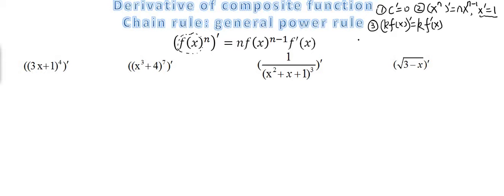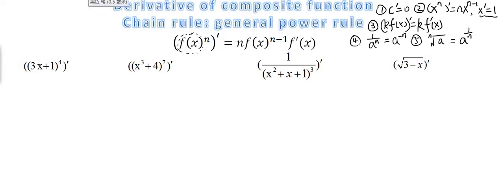And the fourth, if we have 1 over a to the power n, that should be a to the power negative n. Fine. If we have the nth root of a, that should be a to the power 1 over n. So we have 5 formulas here.